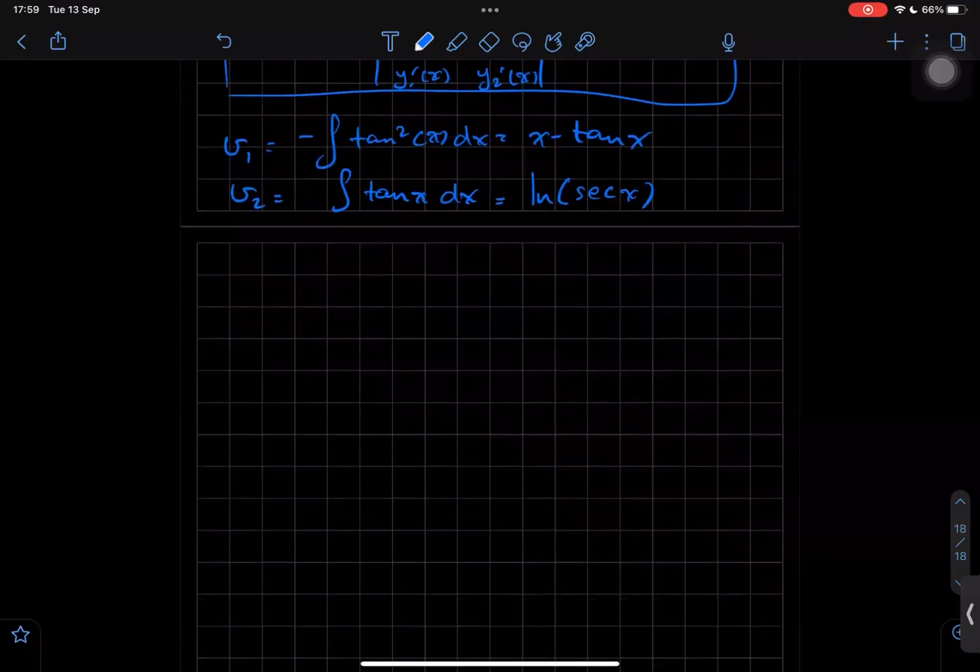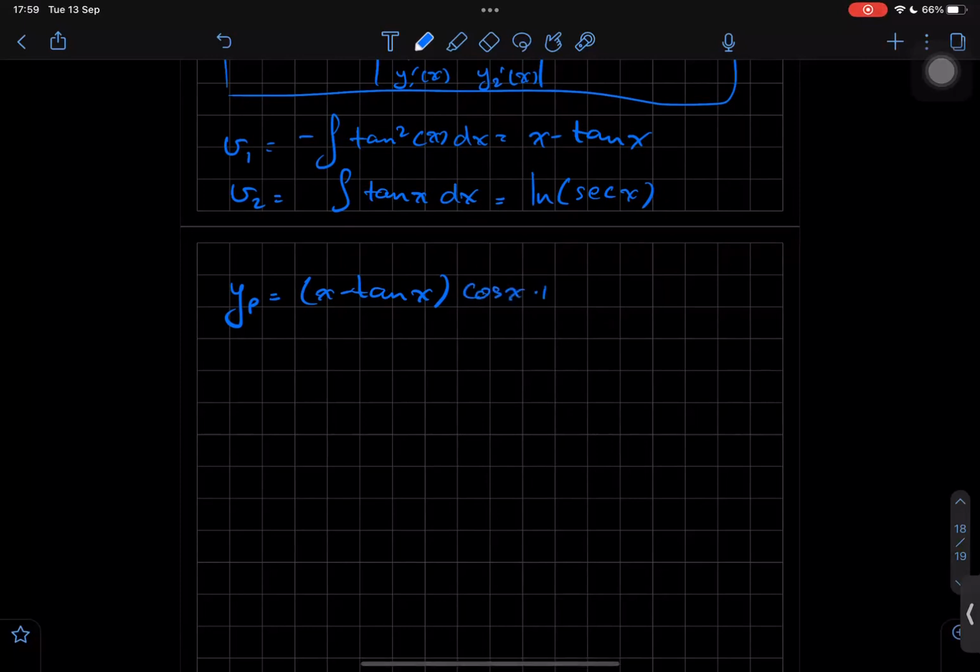So we get yp equal to (x minus tan x) cos x plus log of sec x sin x.